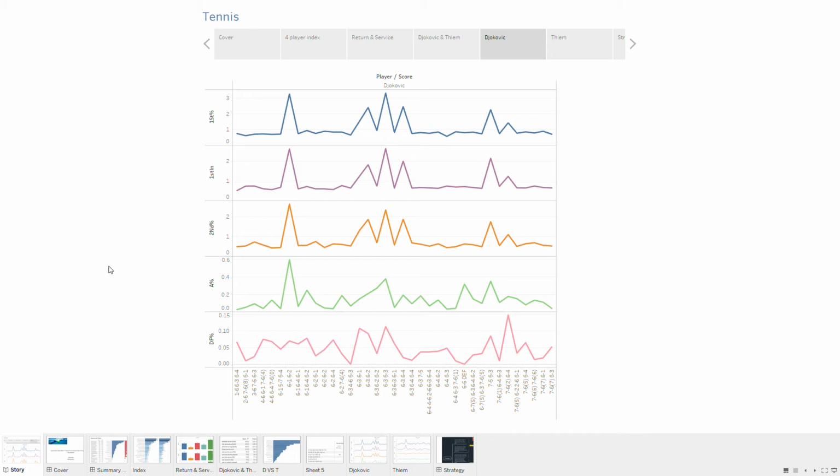All of these numbers, Djokovic has a higher record than Thiem. So we come to the conclusion that Djokovic would be the potential winner of the men's final game.